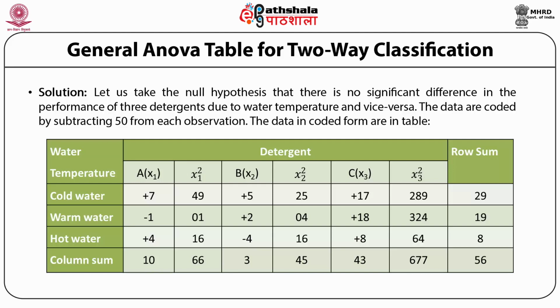You can see the total of the A column, the column sum, is 10. If we square these values and find the sum, it comes out to be 66. For B, it is 3, and for B's x squared values, if we find the sum, it comes out to be 45, and the same for C. Then we have done the row sums also: the row sum of cold water is 29, warm water is 19, and hot water is 8.